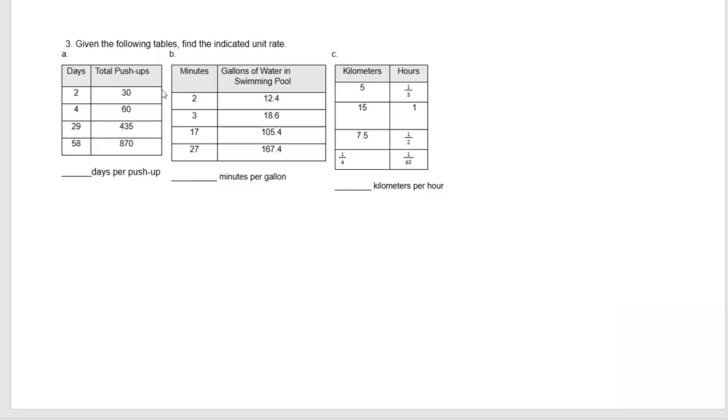Okay, the next one was a chart, and you were supposed to find the unit rate of minutes per gallon. So when you look at this table, this is minutes, this is gallons. So if you are doing minutes per gallon, you should have had minutes on the top of your fraction divided by gallon on the bottom.